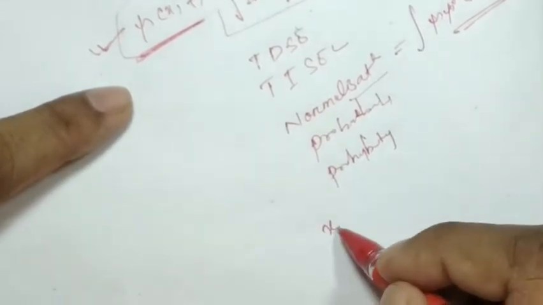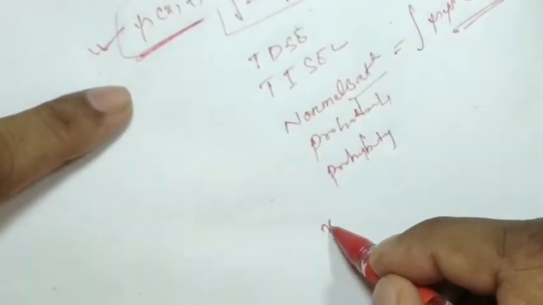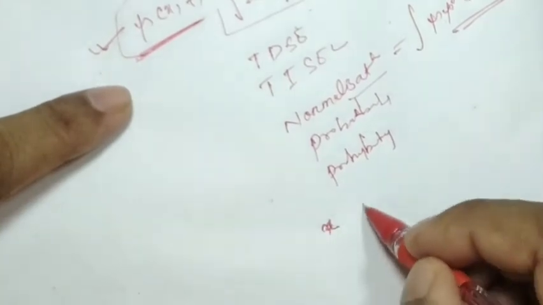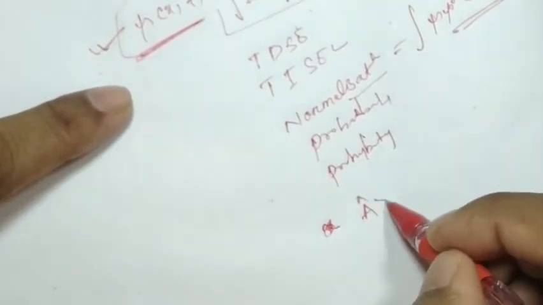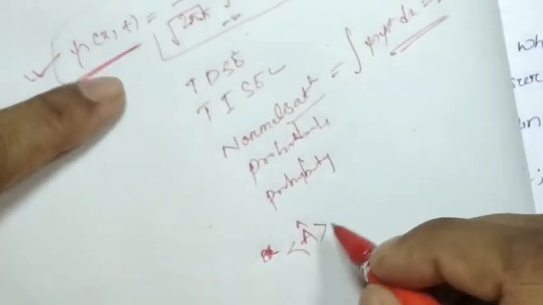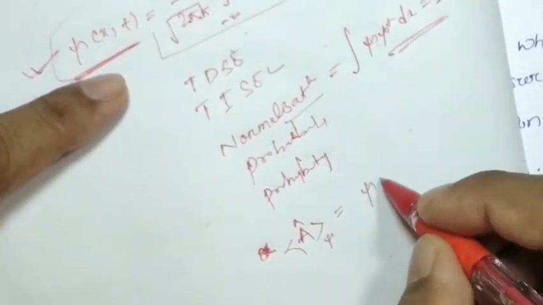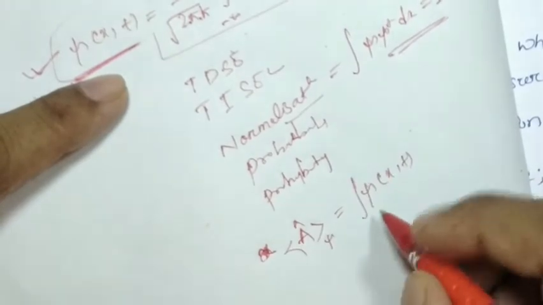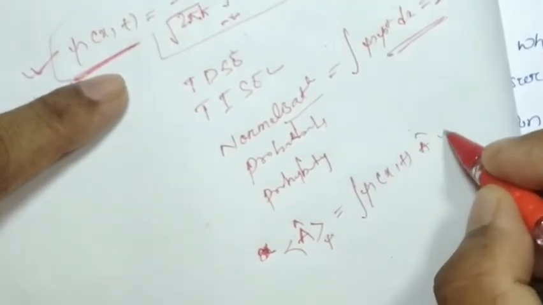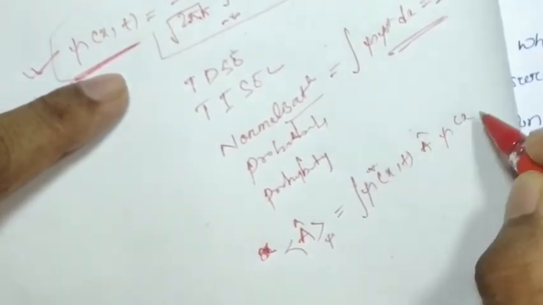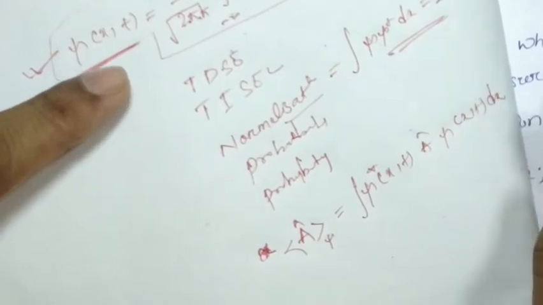Then the expectation of any observable. Suppose A is one observable, the expectation of A in coordinate space can be written as the integral of psi star(x,t) A cap psi(x,t) dx.